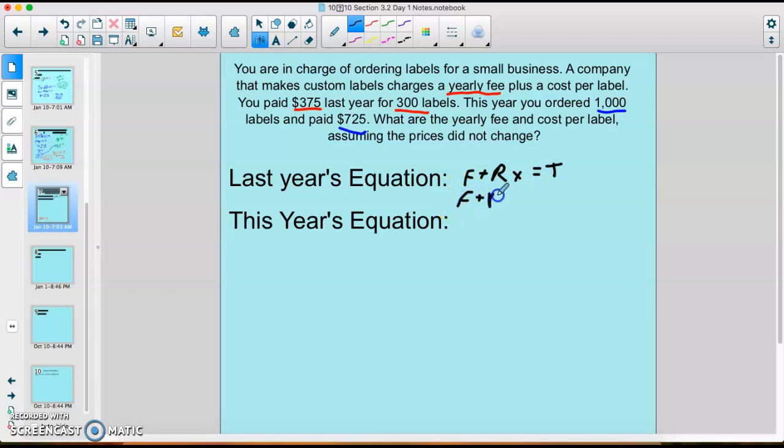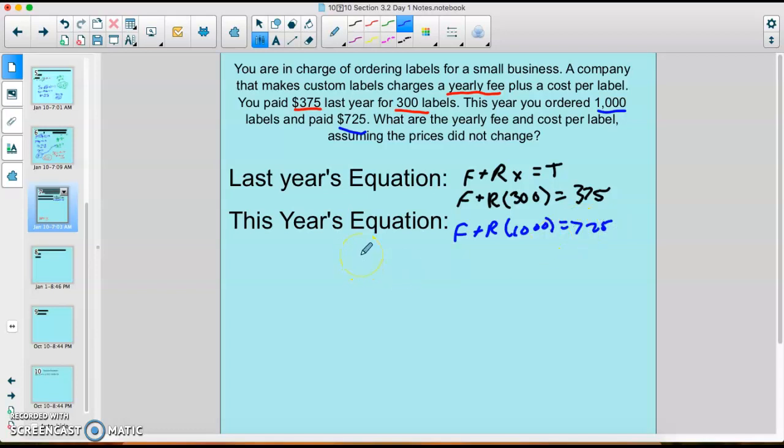We also don't know the rate, but we know that we bought 300 labels, and we ended up paying $375. Okay, so this is our equation for right now. And then this year, if we use the same exact formula, we still don't know the fee, we still don't know the rate, but we're buying 1,000 labels, and we're spending $725.